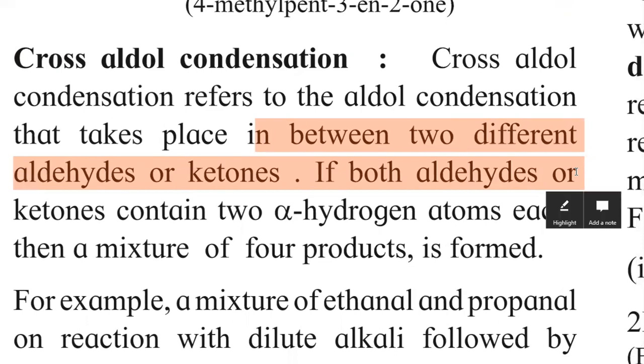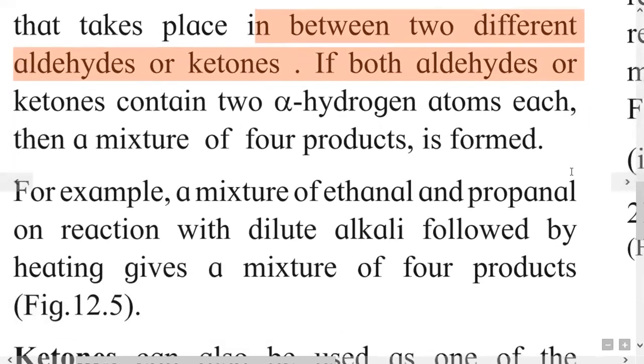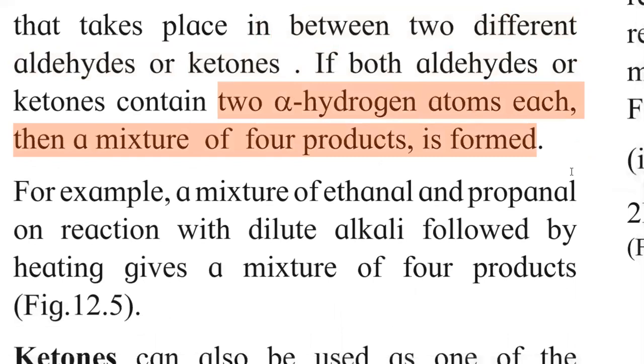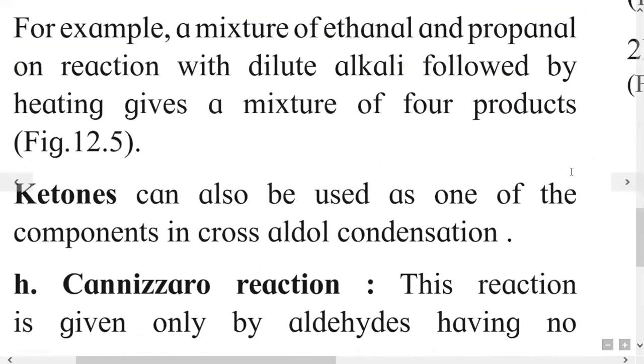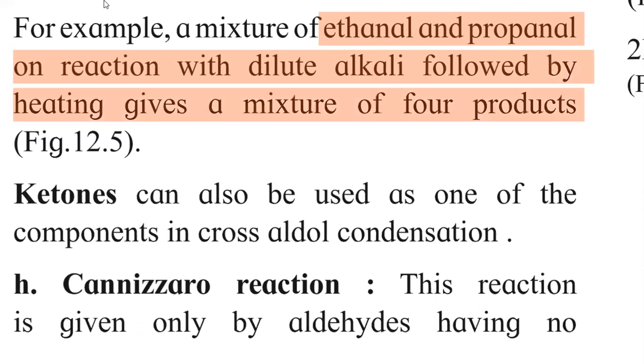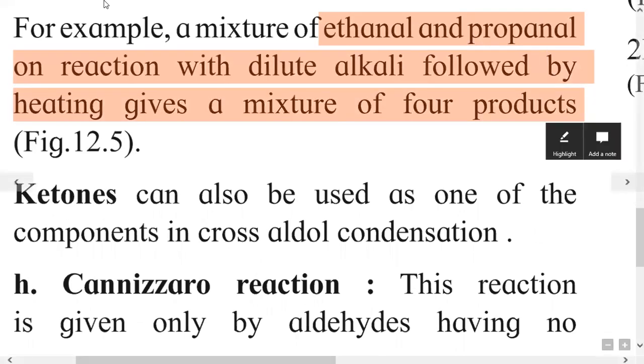If both aldehydes or both ketones contain 2 alpha hydrogen atoms each, then a mixture of 4 products will be formed. For example, a mixture of ethanal, that is acetaldehyde, and propanal, that is a 3 carbon containing aldehyde, when treated with dilute alkali and followed by heating, gives a mixture of 4 products.